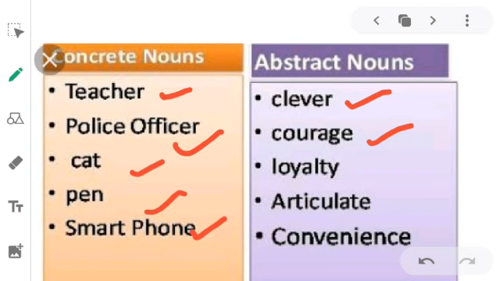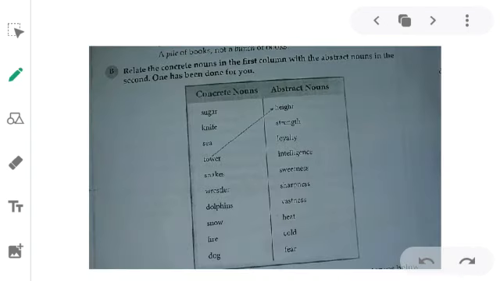These are all concrete nouns because we can use our five senses to touch them. But we cannot touch loyalty, articulate, and convenience. We can only feel whether it is for our convenience or not. We can feel it, we can understand it, but we cannot touch it.